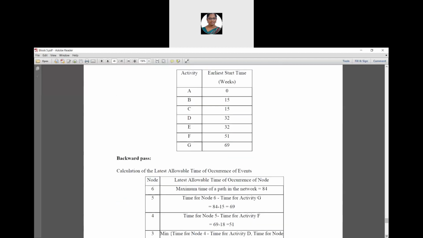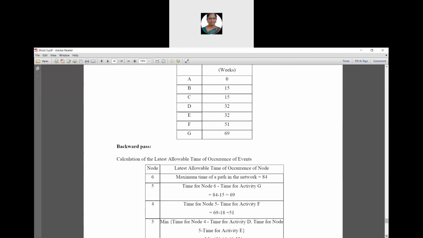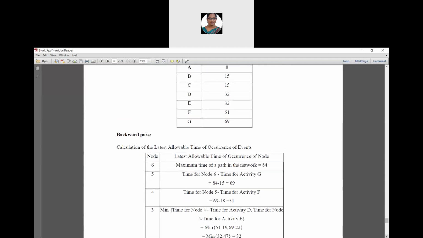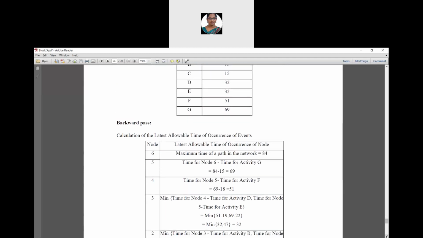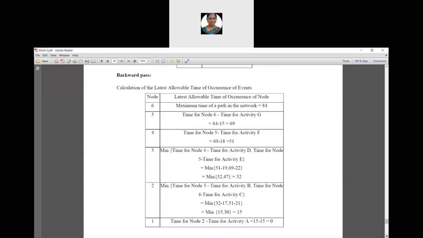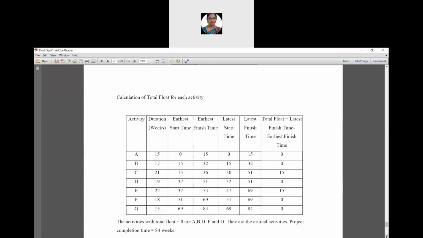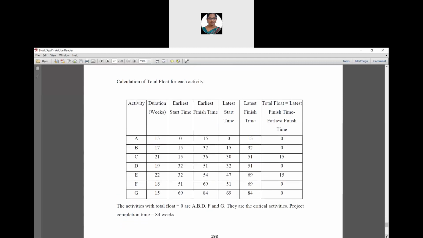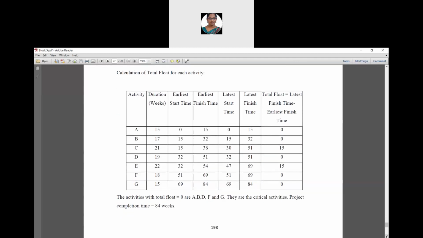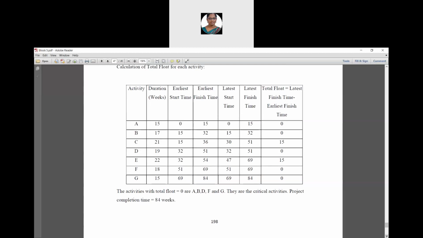In this table, we have to find the latest allowable time of occurrences of events. And calculation for total float of activity: total float is calculated by using the formula latest finish time minus earliest finish time.